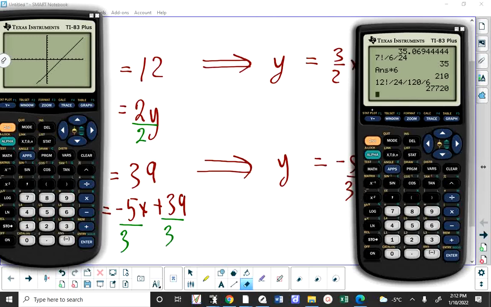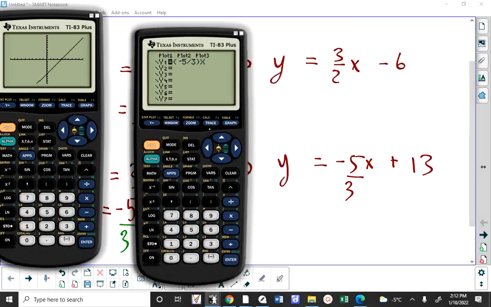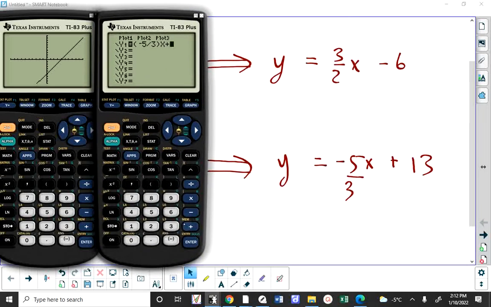I'm going to plot my second equation over here on the second calculator. Is it negative 5/3 x plus 13? There are other ways I could have entered that, but that's how I've chosen to do it. And I'll go zoom 6.